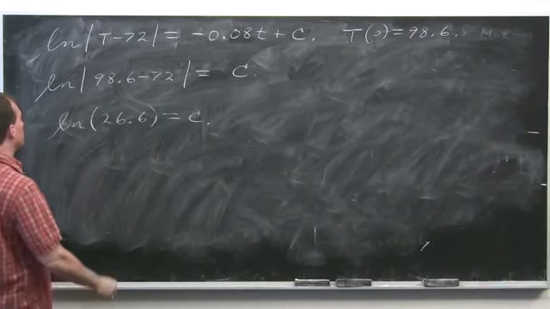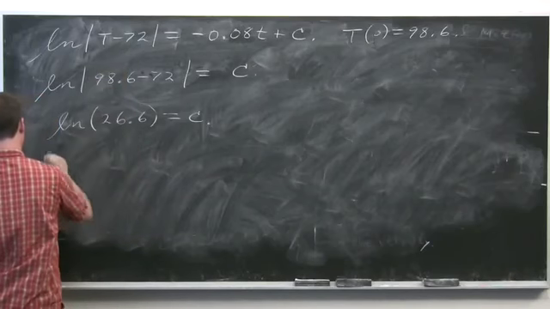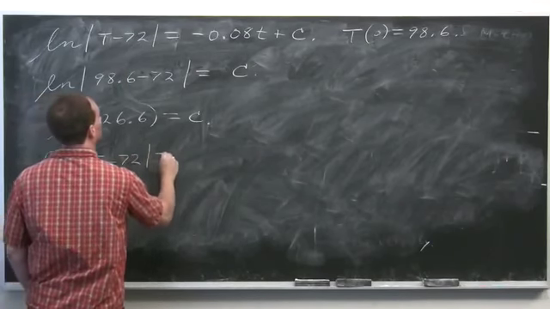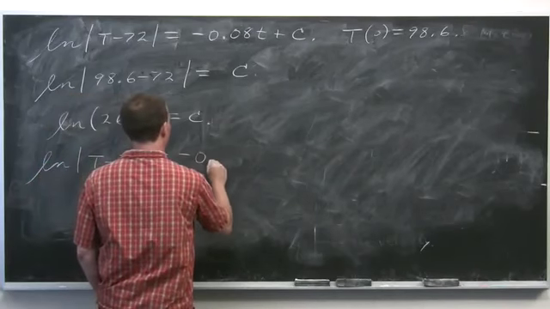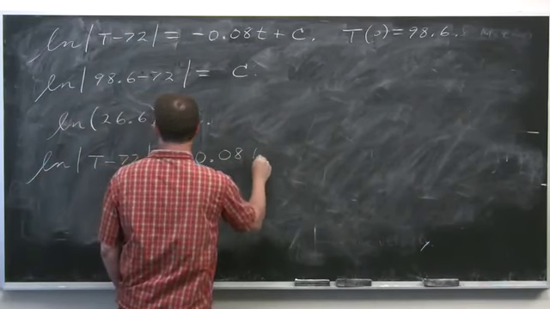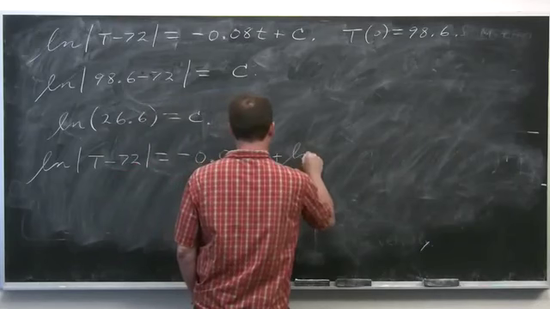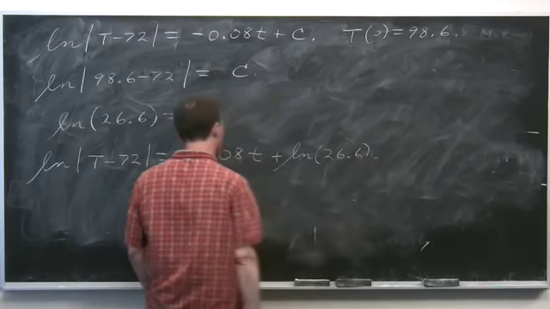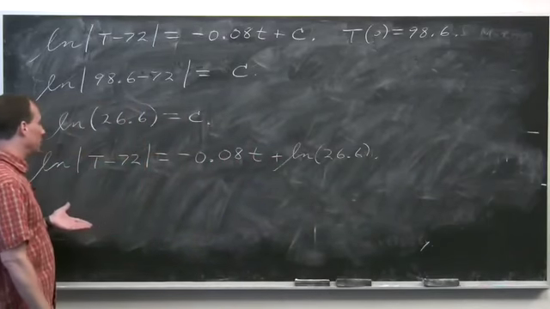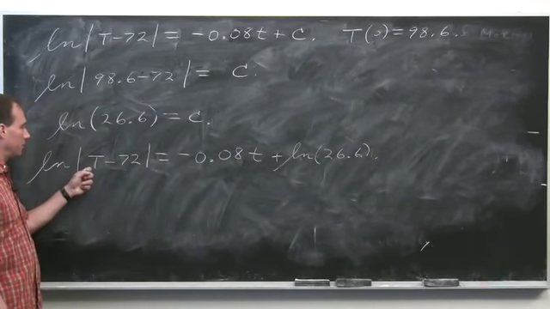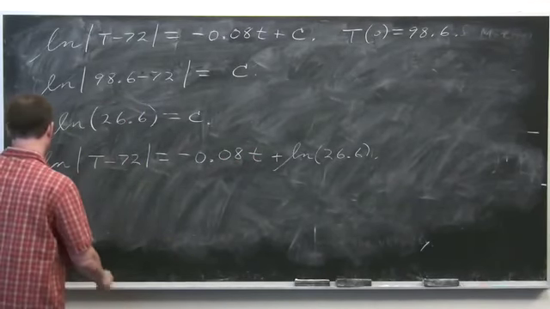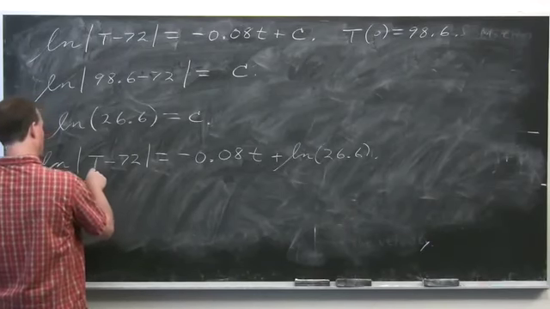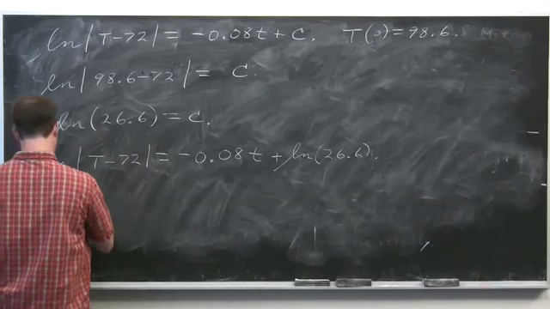All right, so you plug that back in and you get the natural log of the absolute value of T minus 72 equals negative 0.08 t plus the natural log of 26.6. Now we want to plug in that capital T is 80 and solve for little t. When capital T is 80, this is the natural log of 8.